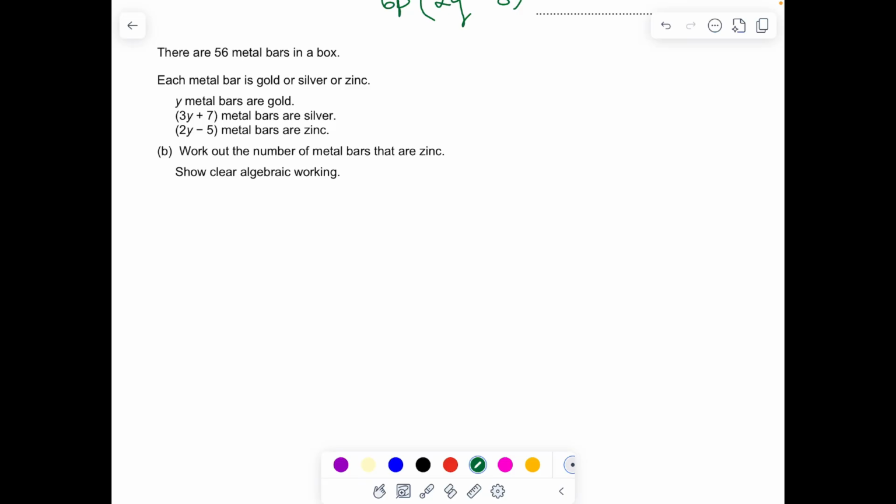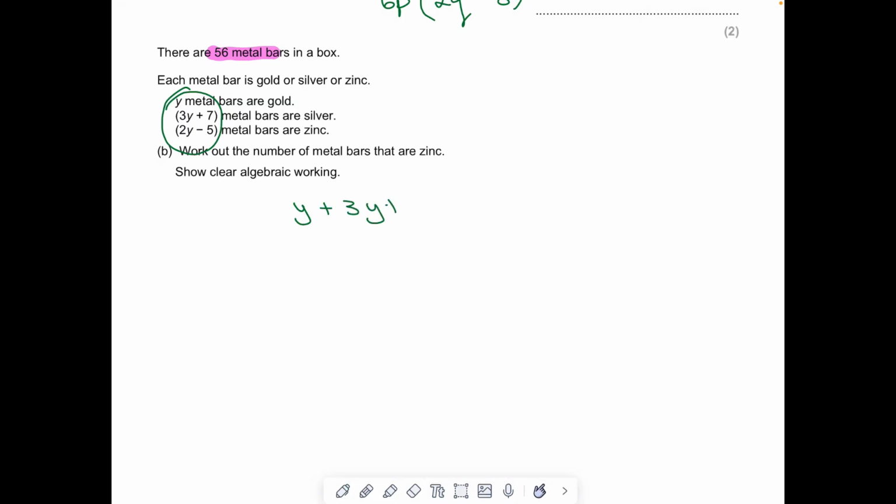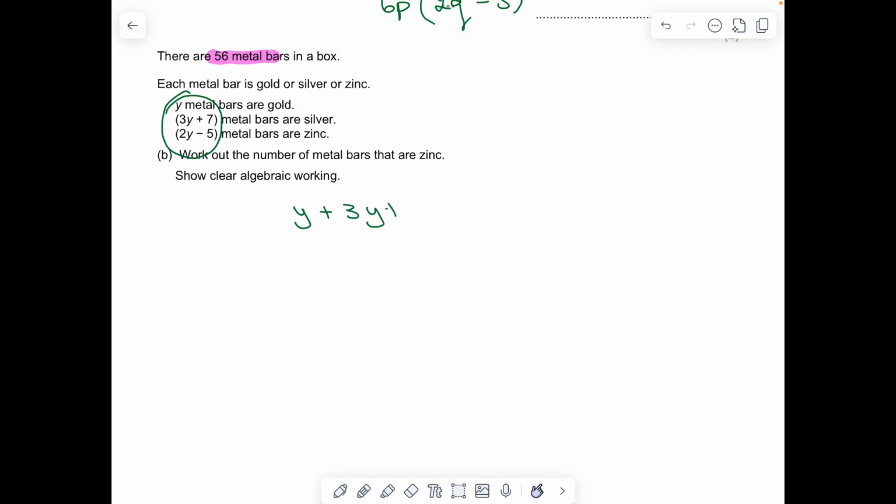So it tells us that there are 56 in total. So what I need to do now is add up all of this. I need to do y plus 3y plus 7. Oops, sorry.